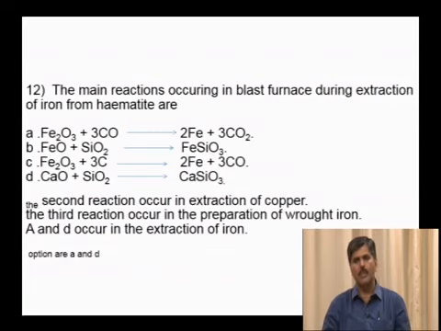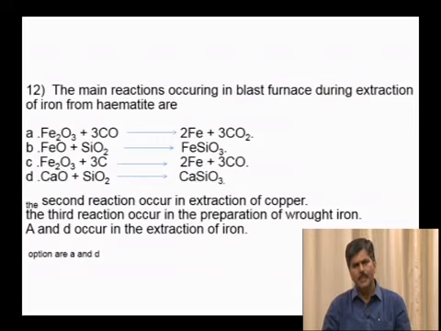The first zone is the zone of reduction. In this zone, iron oxide is reduced to iron metal using carbon monoxide. This is because carbon monoxide acts as a reducing agent below 923 Kelvin. It is a lower temperature zone.